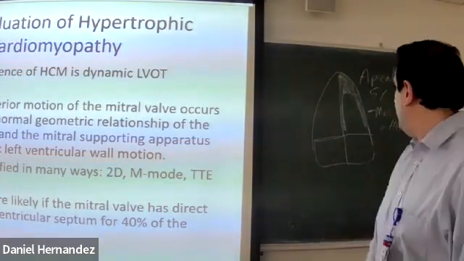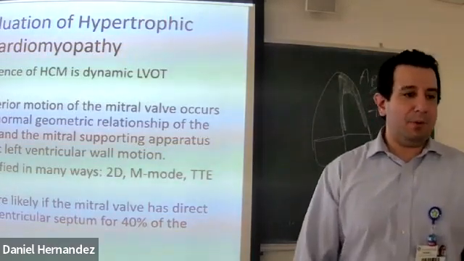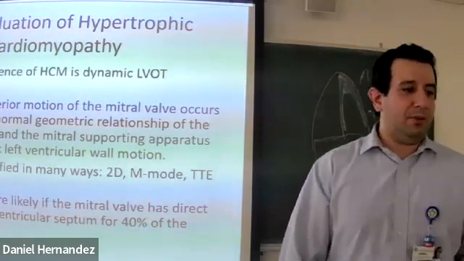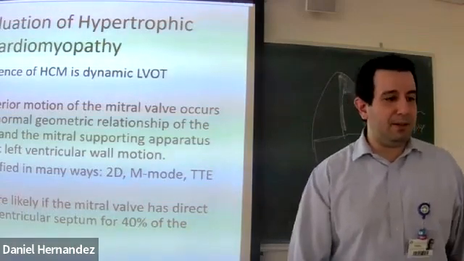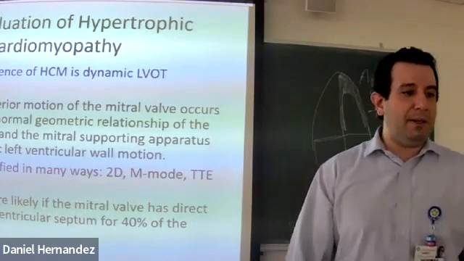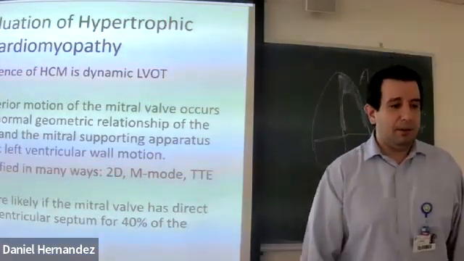So that's what we talked about before, that thickened septum creates a narrowed LVOT or obstructs the LVOT. They also then wind up with that systolic anterior motion of the anterior mitral valve leaflet, which also adds to narrowing and obstructing that LVOT as well.